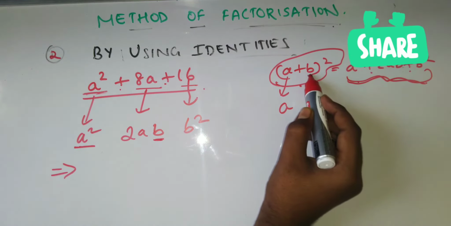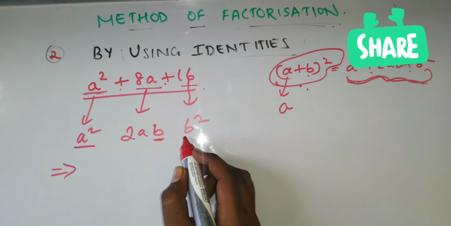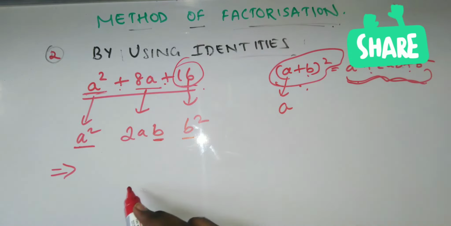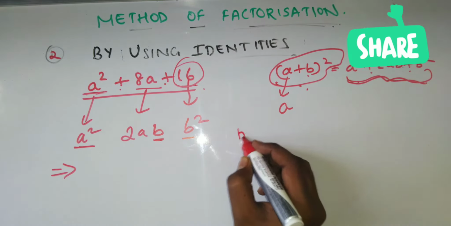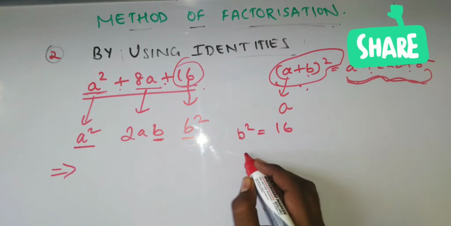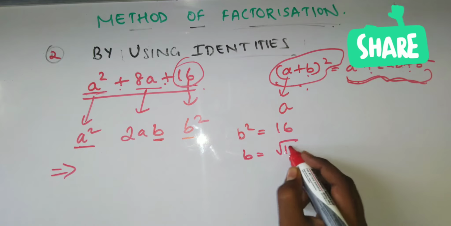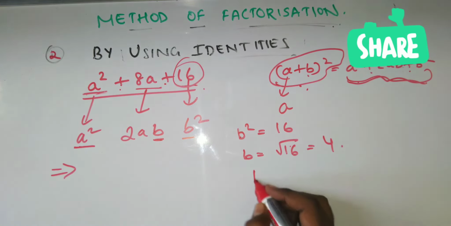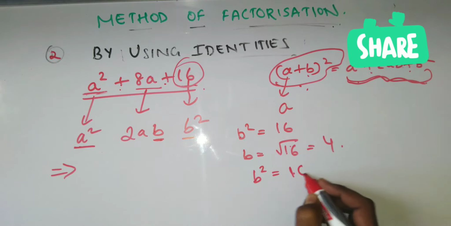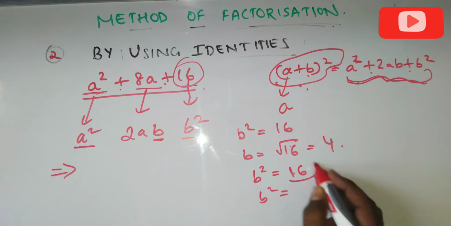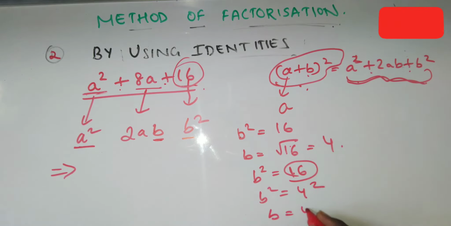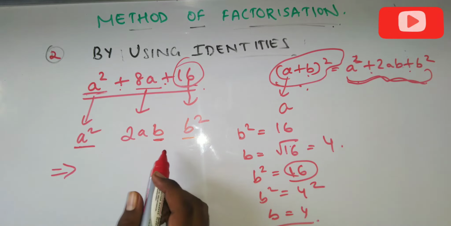Since b square is 16, b is the square root of 16, which is 4. Or in other words, what number square is 16? That is 4 square. So b is equal to 4.